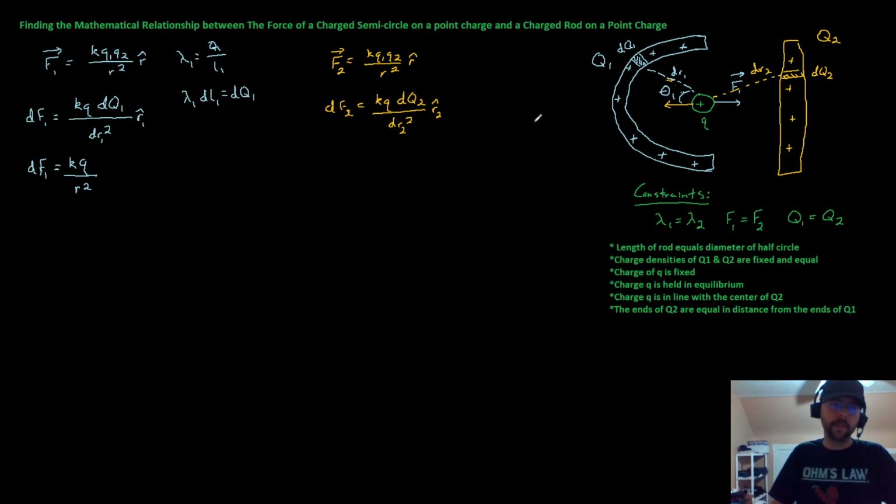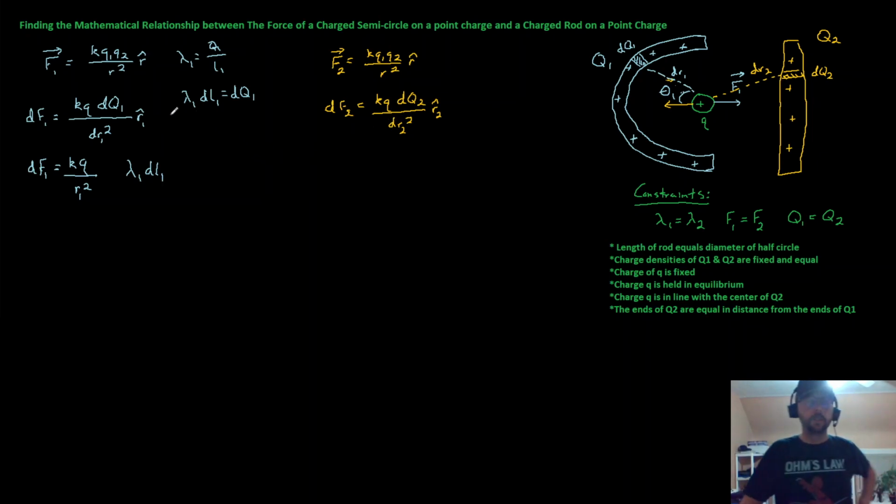dq does change, obviously, and for dq we're going to substitute in lambda. Make sure this is r1. So we're going to say lambda 1 times dl1, and the r, meaning the direction, the direction does change, and we want to use cosine of theta.